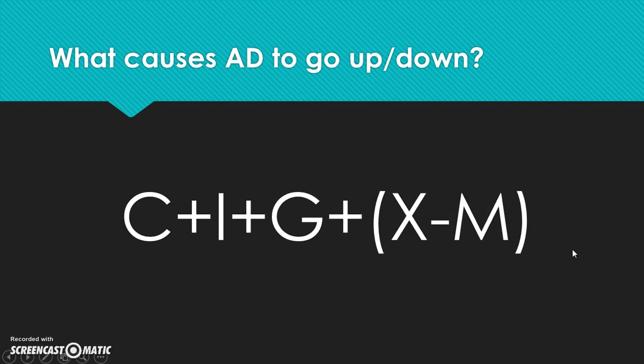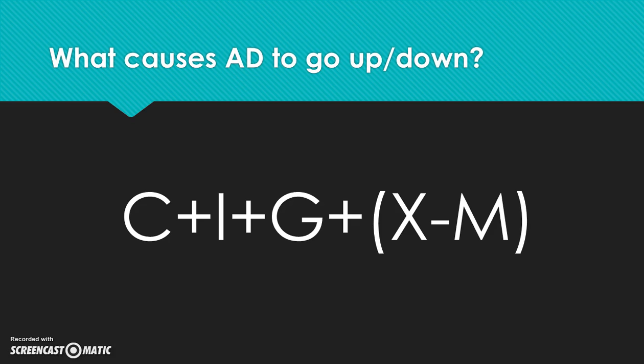Imports going up is a bad thing. We don't want that. So if C, I, G, or X go up, AD goes up. If C, I, G, X go down, AD goes down. But if imports go up, AD goes down. If imports go down, AD goes up. So all of these are important factors when it comes to working out AD.